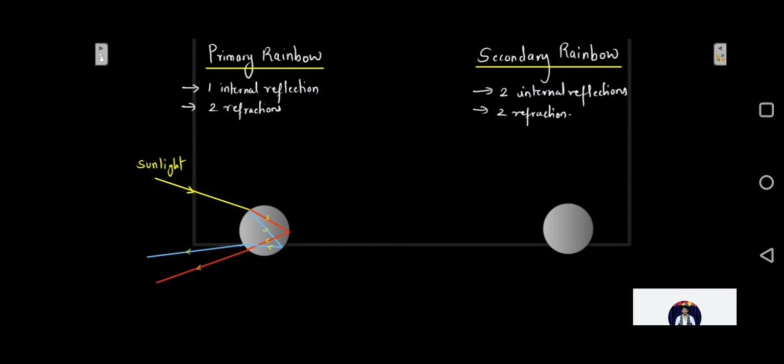So if the observer is over here, and I draw a line which is parallel to the sunlight along which the observer is observing, something like this, then you would notice that this violet light would be coming out at an angle of 41 degrees, and red light would be coming out at an angle of 43 degrees.